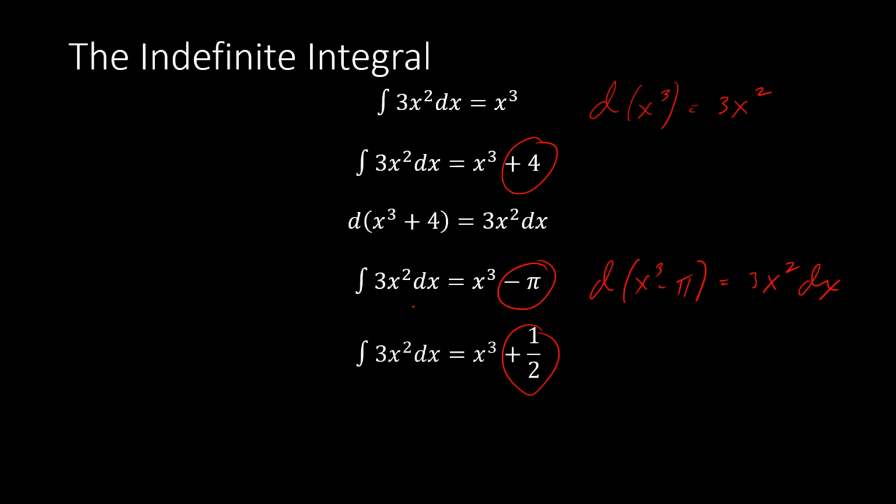Hence, we may write the general solution as the integral of 3x squared dx equal to x cubed plus c, c being the constant of integration. So this gives meaning to the name indefinite integral. It is indefinite in the sense that it involves an arbitrary constant c.